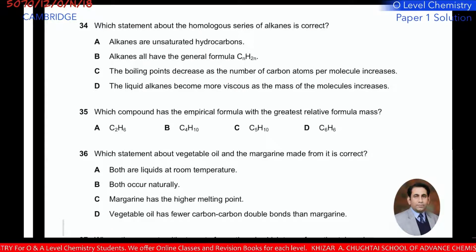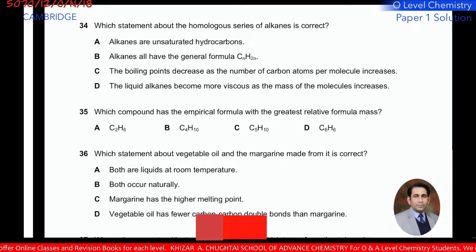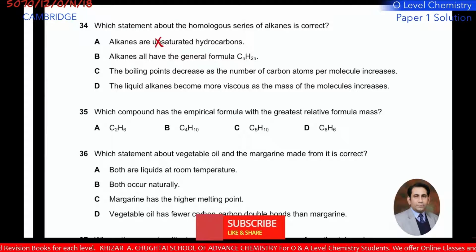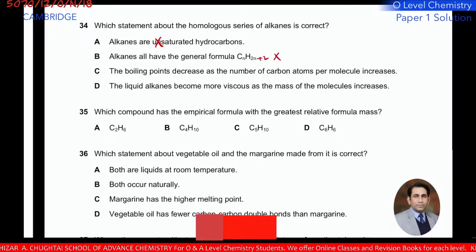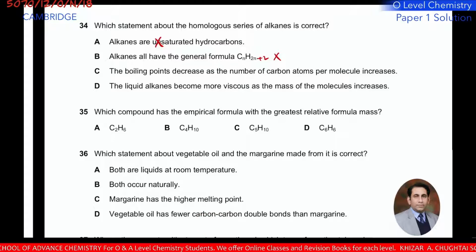Which statement about the homologous series of the alkanes is correct? Alkanes are unsaturated hydrocarbons. No, they are saturated. Alkanes all have general formula CnH2n, no, CnH2n+2. Again, it's wrong. The boiling point decreases as the number of carbon atoms per molecule increases.